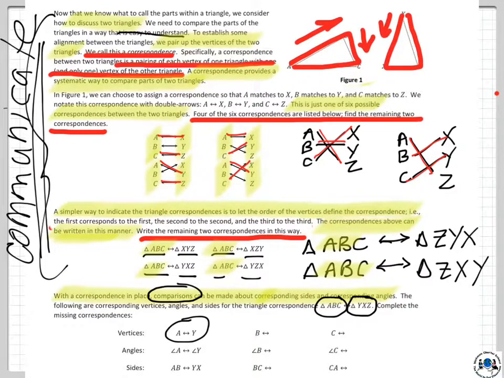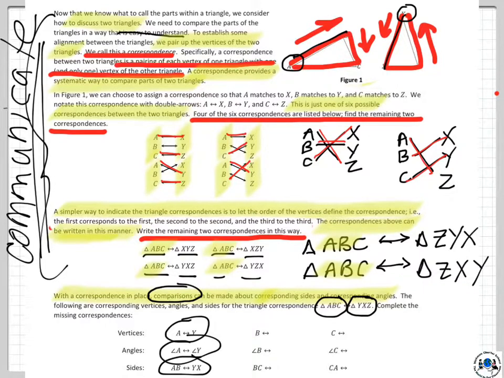So now we have A corresponding to Y, so A there, Y there. That's the vertices. Then it's angle A and angle Y, which makes sense. And then sides AB and YX, so those correspond. So you can kind of get an idea of what's happening.